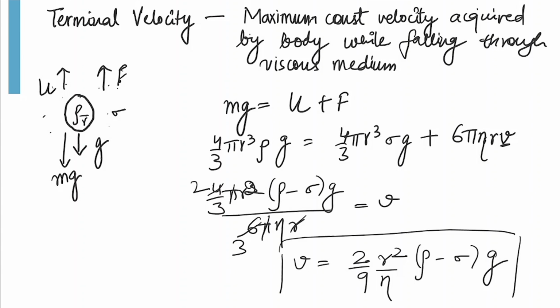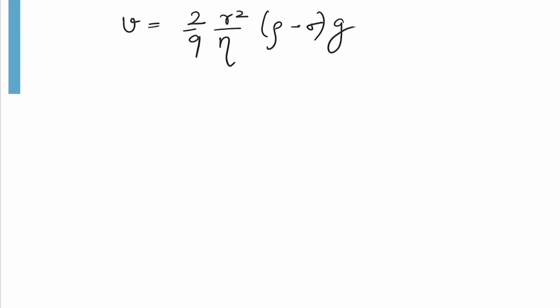So let's start solving this question. We have our expression for terminal velocity, 2 by 9 r square over eta (rho minus sigma) g. Our rho is the density of water because our body is a water drop, and sigma is the density of viscous air.